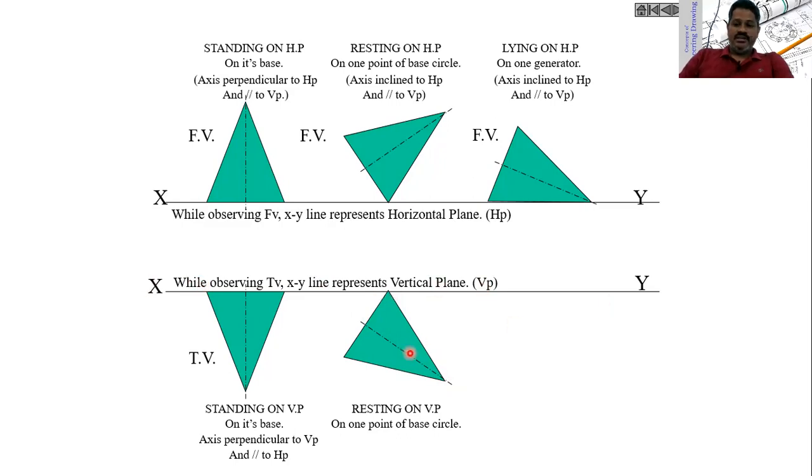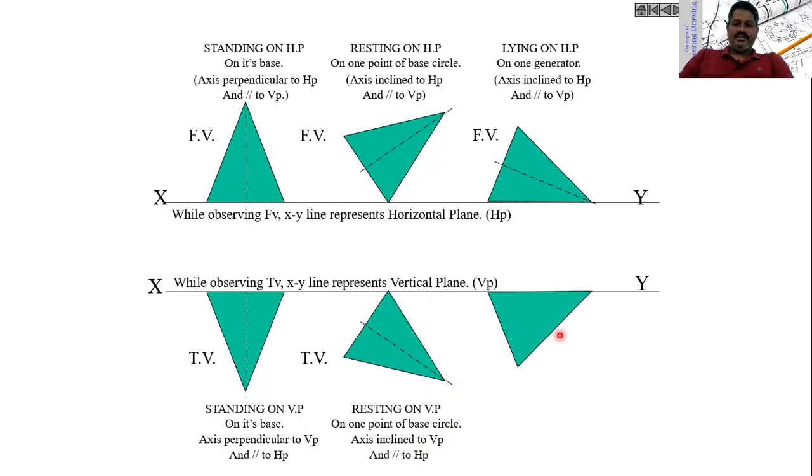When we see from the top, it looks like this. As I said, it is resting on VP. One of the points of the base circle is lying on VP and it is making some angle. The axis of this cone is making some angle with VP and the axis is parallel to HP like this. This is exactly the top view in these conditions.